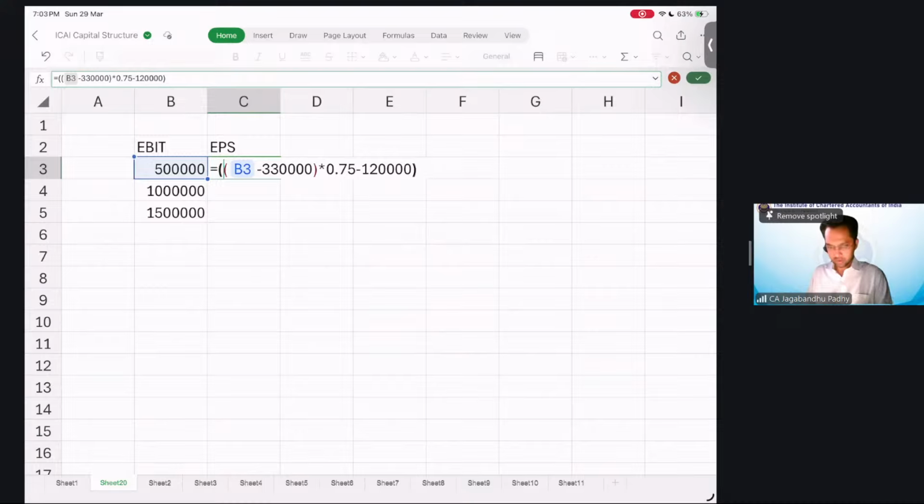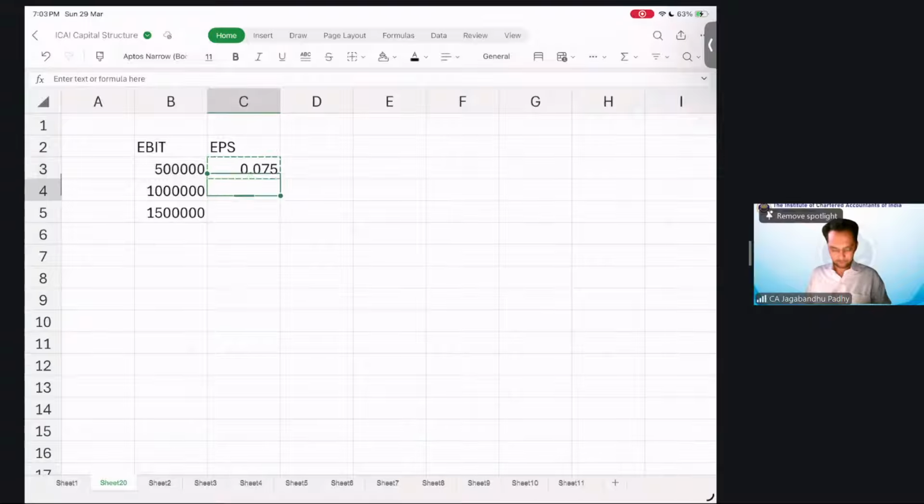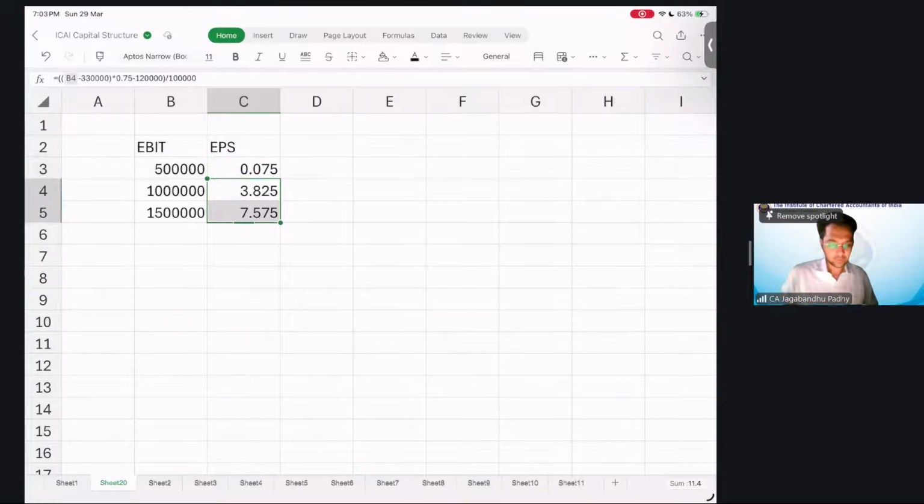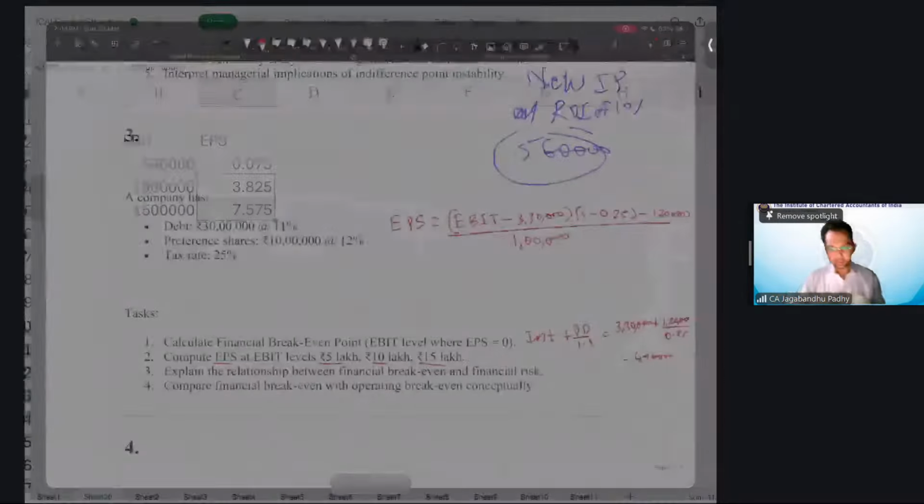This entire thing divided by 1 lakh. So these are the EPS levels: 2.075, 3.825. These are the EPS levels.